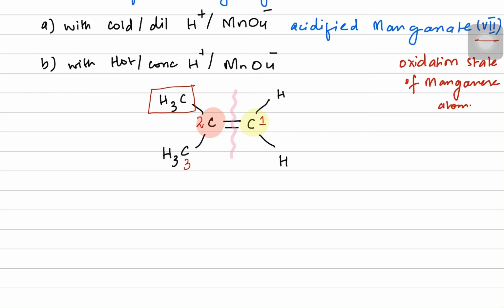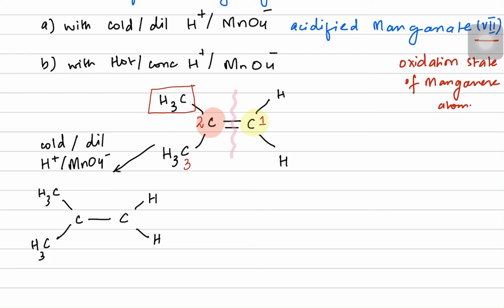When you talk about the reaction with cold dilute acidified manganate, the H+ basically means acidic medium. So when the reaction happens with cold dilute acidified manganate, you just break the pi bond and you add two hydroxyl groups on both carbons. I'll repeat. You just break the pi bond, everything remains the same.